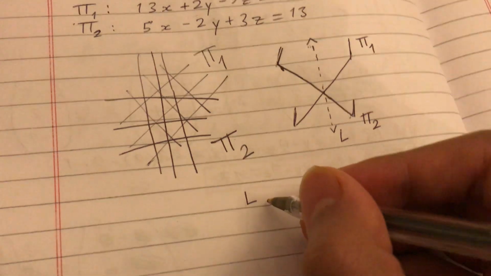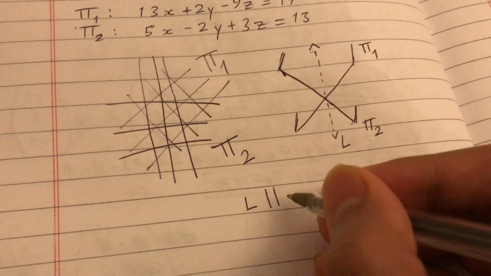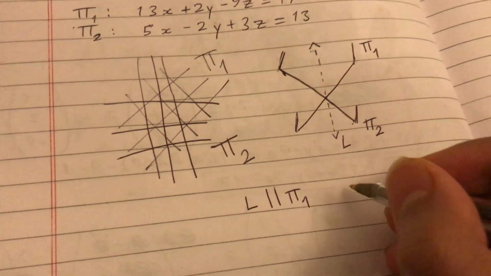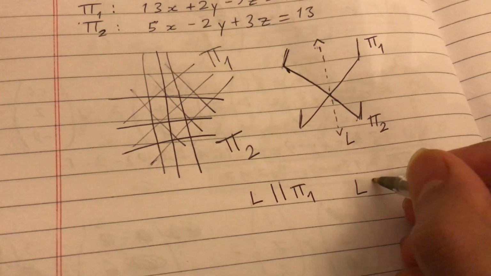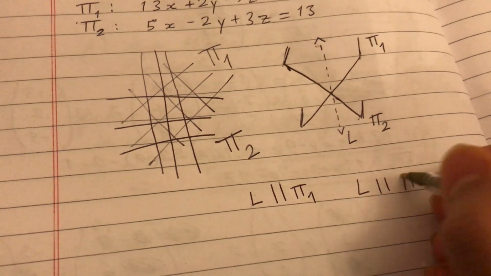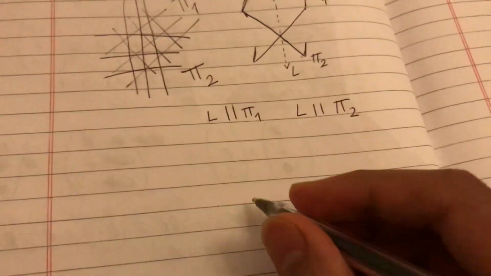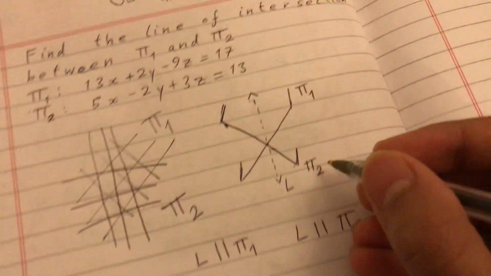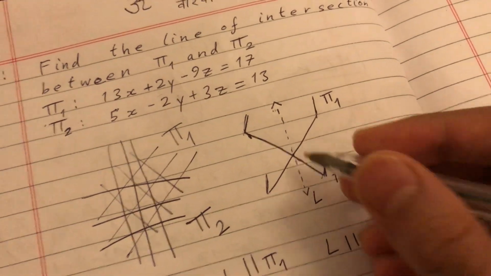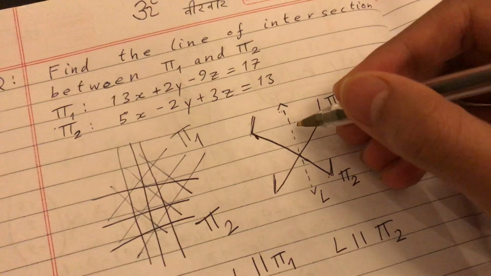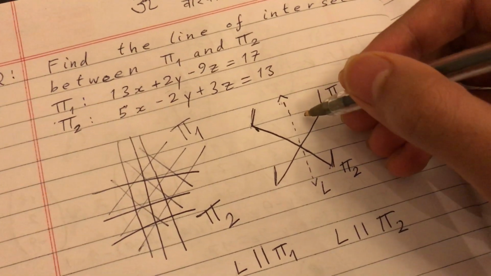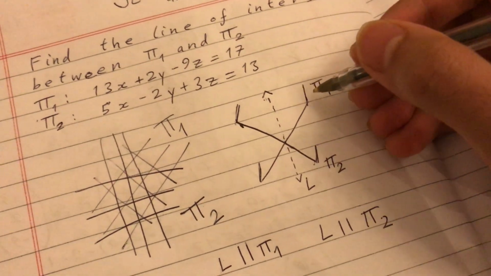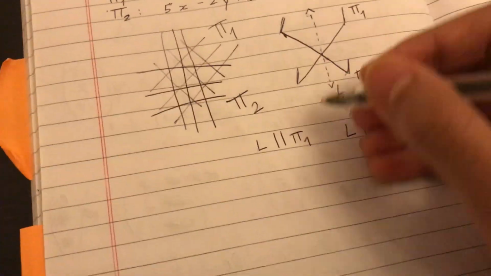Well, L lies on pi 1, so L is parallel to pi 1, and L is also parallel to pi 2. Now what we're going to use is a neat little property: if something is perpendicular to pi 1, and there's something that's perpendicular to that, then that thing is parallel to pi 1.